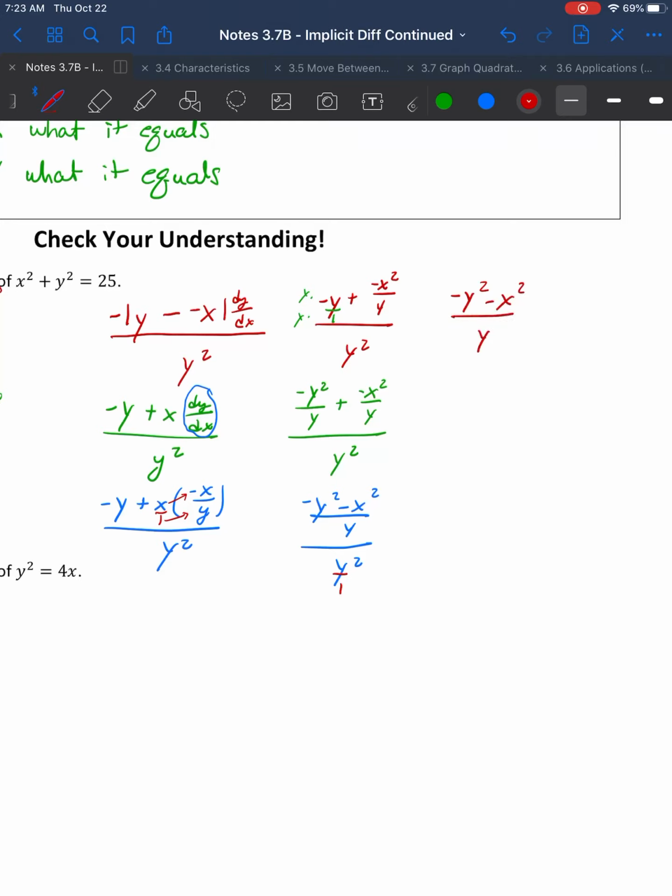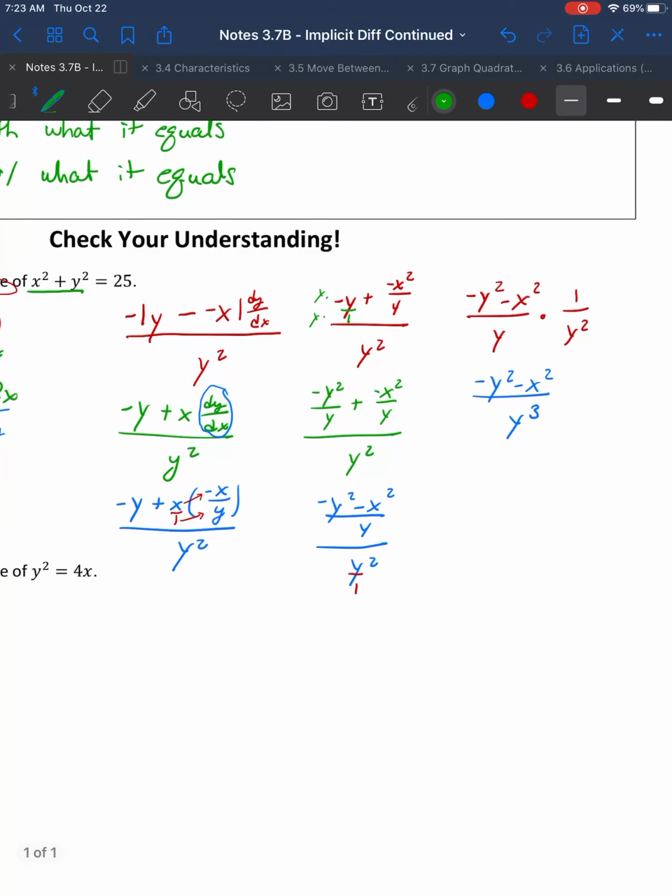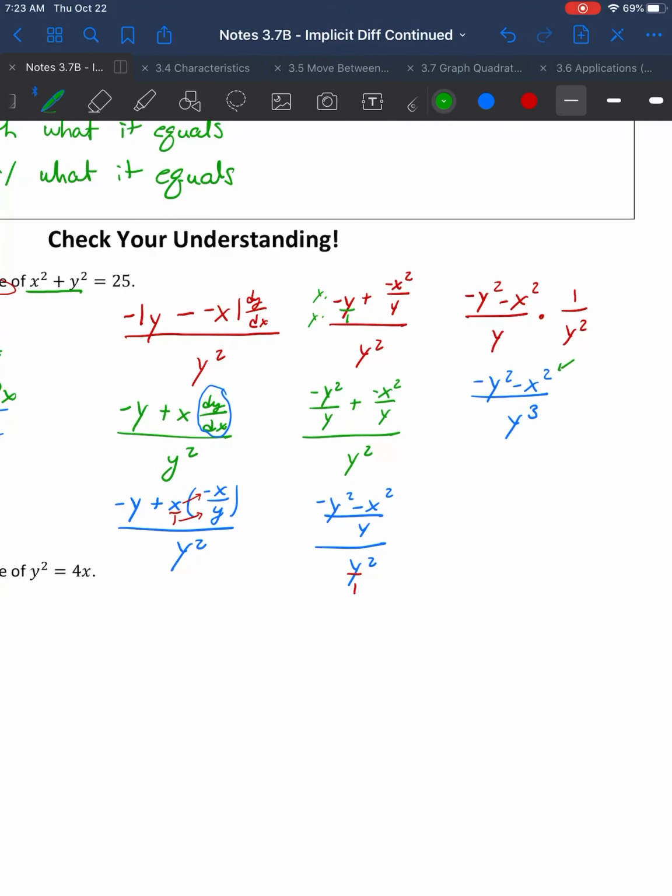I have negative y squared minus x squared over y squared. If I imagine this as a fraction, now I don't divide fractions. Instead, I multiply by the reciprocal, which then gives me negative y squared minus x squared over y cubed.